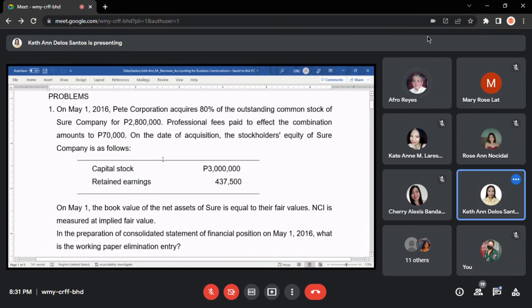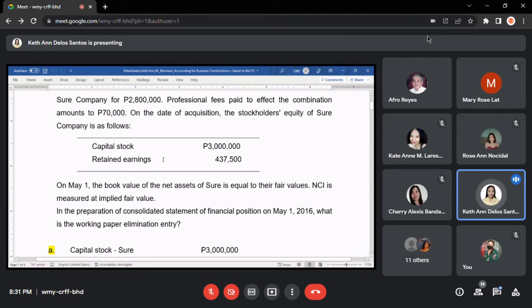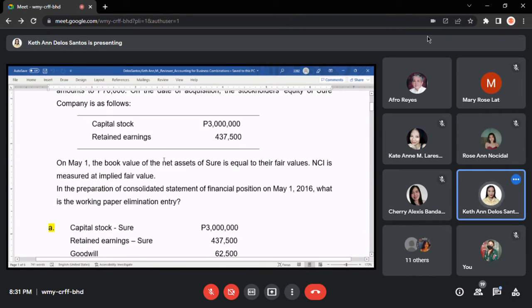Capital stocks, 3 million pesos. Retained earnings, 437,500. On May 1, the book value of the net assets of Sure is equal to their fair value. Non-controlling interest is measured at implied fair value. In the preparation of consolidated statement of financial position on May 1, 2016, what is the working paper elimination entry?